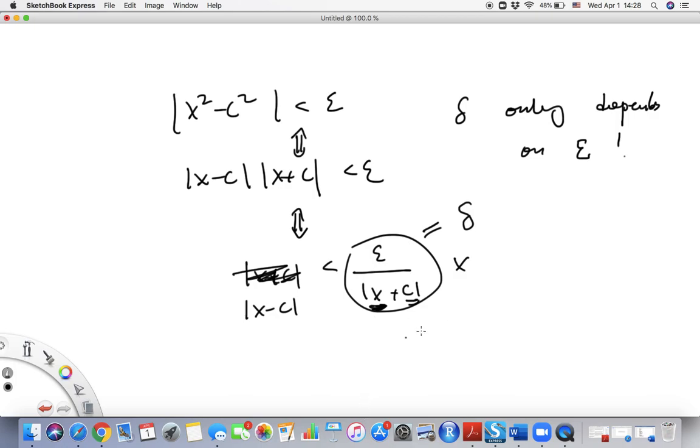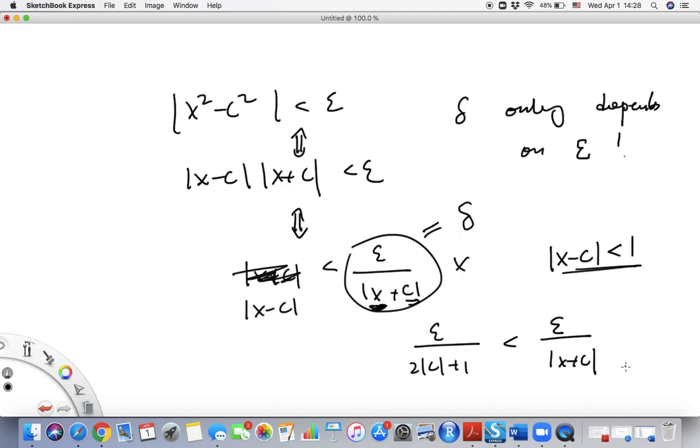But if we restrict our attention to this, then we can bound the denominator. Okay, so as we saw before, if the absolute value of x minus c is less than 1, then this is less than epsilon over the absolute value of x plus c. Okay?